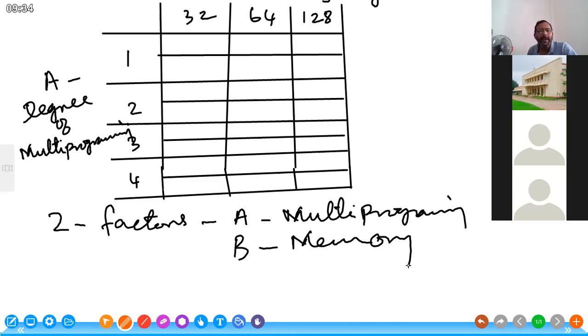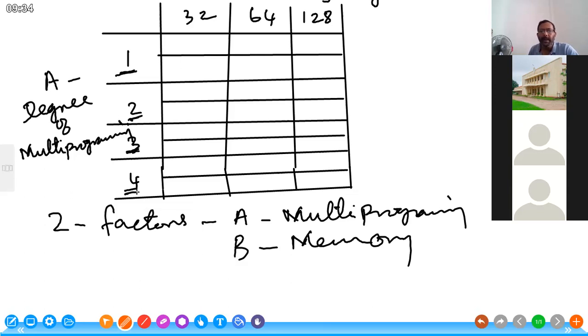So we want to know whether there is an interaction between the number of multi-programs and memory. For example, multi-programming means only one program, two programs, three programs, four programs, and so on. How is this relationship between multi-programming and the memory size of the computer?